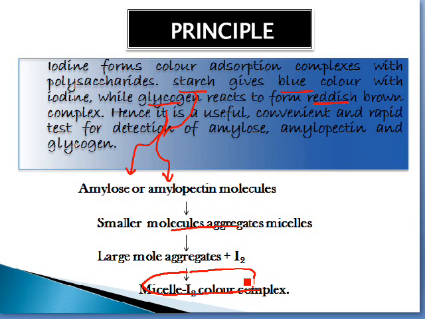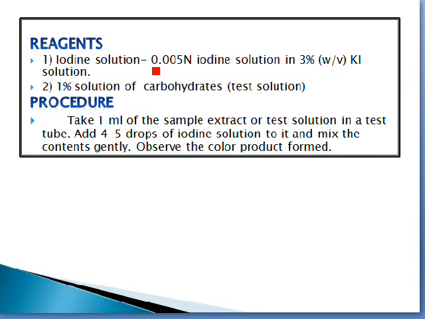For conducting this experiment we need to prepare 2 reagents. First is an iodine solution and second is a carbohydrate solution. Here we made a 0.005 normal solution of iodine. We calculate the amount by using the formula W equals N E V divided by 1000. N is the normality, E is the equivalent weight of iodine, and V is the volume that we want to make.